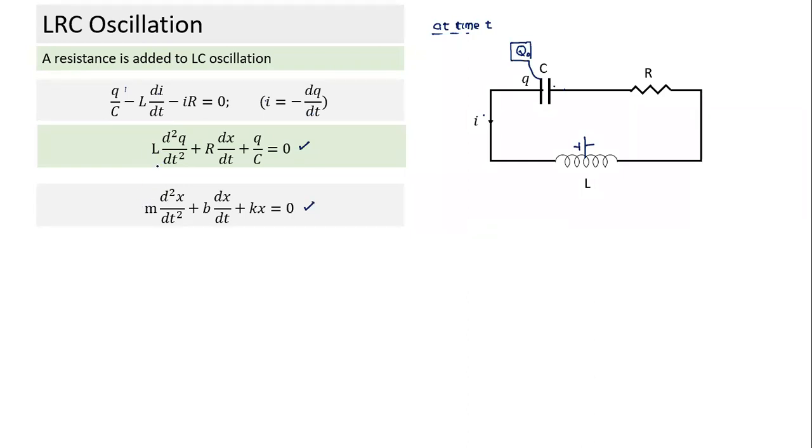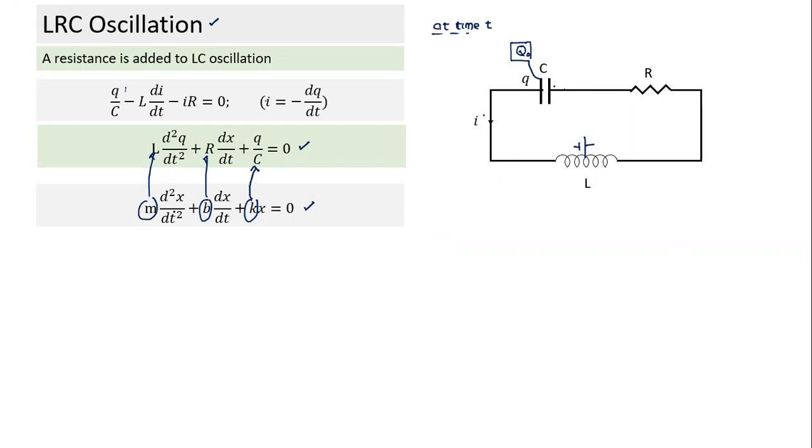Only, in place of M we have L, in place of B we substitute R, and in place of K we substitute 1 by C. Typically, in any book you won't find many questions on LRC oscillation, because all LRC oscillation can be solved as mechanical oscillation by substituting L for M, R for B, and 1 by C for K.